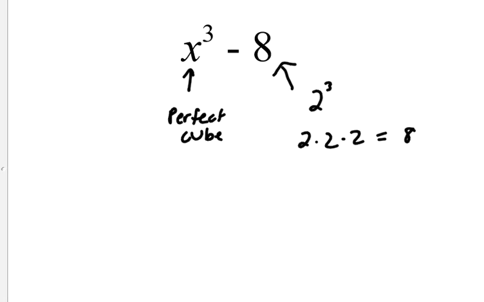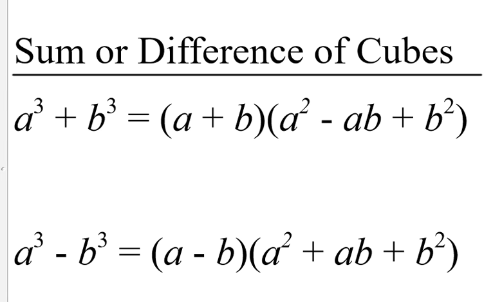So what I need to do instead is the sum or difference of cubes formulas, which look like that. So a cubed plus b cubed factors to the quantity a plus b multiplied by the quantity a squared minus ab plus b squared. And if I have a cubed minus b cubed, it's a minus b multiplied by the quantity a squared plus ab plus b squared.